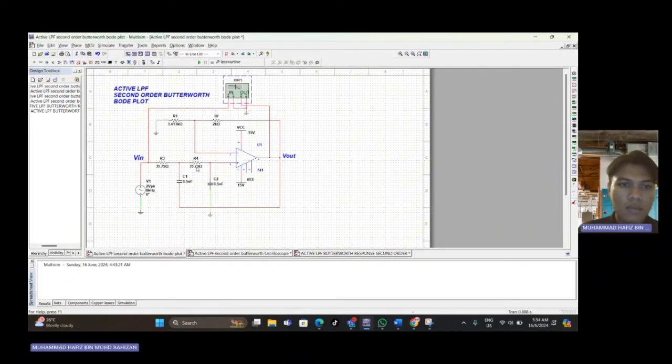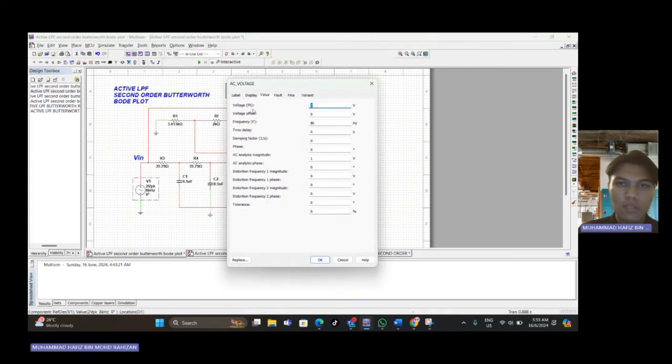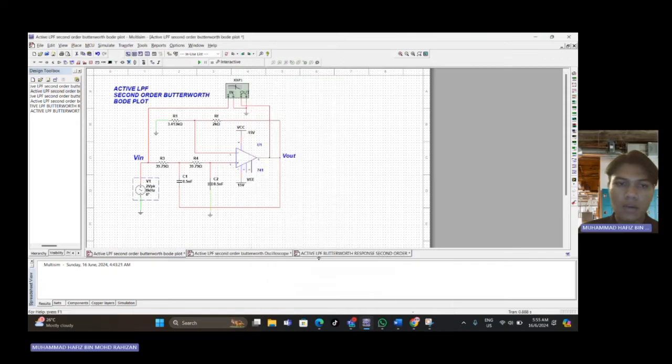For the capacitors we use 0.5 nanofarad for the two capacitors, and then for the AC voltage we assume a peak voltage of 2 Vp and the frequency is 8 kilohertz.